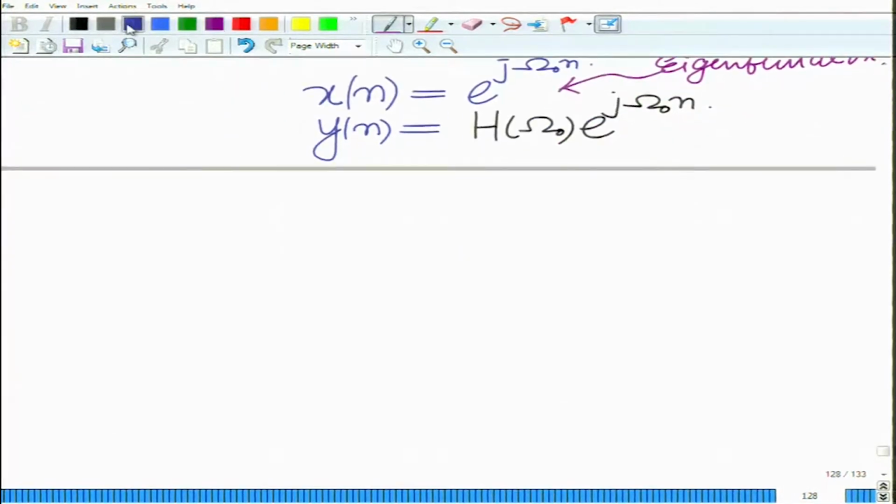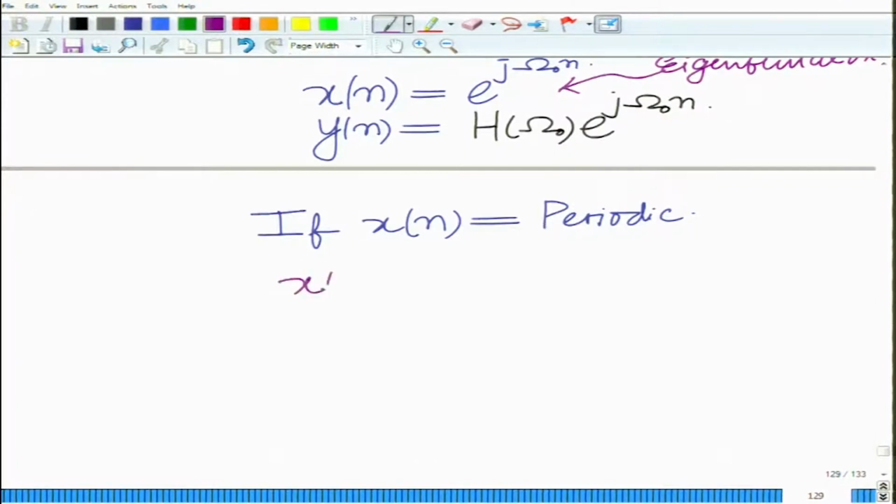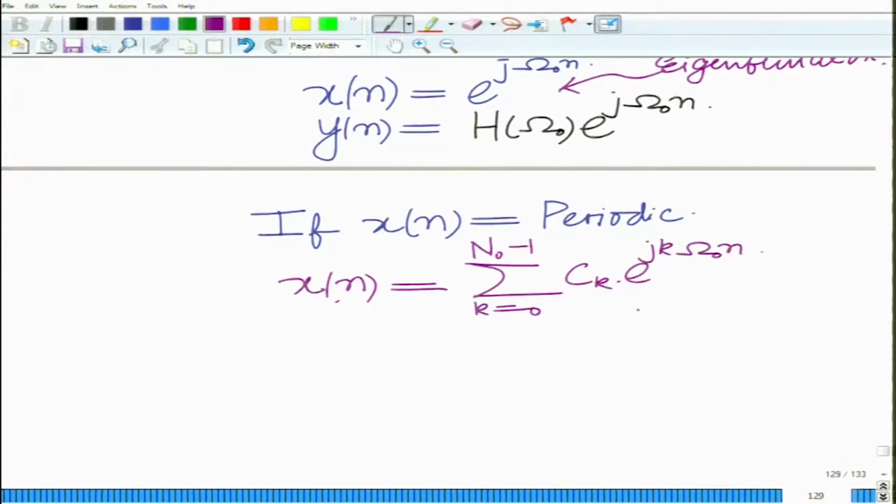Now, if x[n] is periodic, then we realize that x[n] can be expressed as a discrete Fourier series. Then we have x[n] equal to the summation over k from 0 to N naught minus 1 of c_k e raised to j k omega naught n, where omega naught equals 2 pi over N naught.